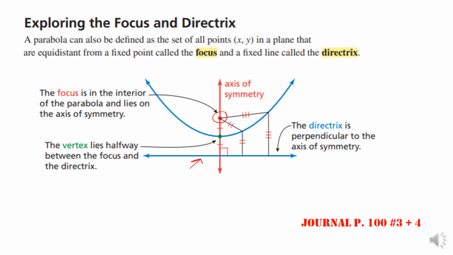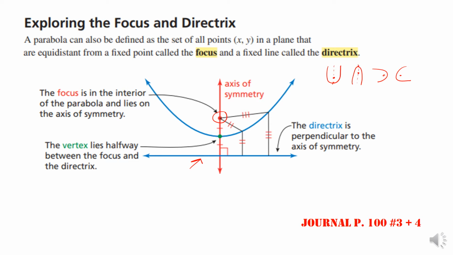Those are very important points. So whenever you have a parabola, the focus is on the inside. Okay? And we're going to even look at some like this. So you want to make sure. Okay? The vertex lies halfway between the focus and the directrix. So here's our vertex. We know it's on the axis of symmetry. Okay?